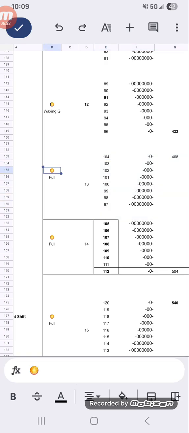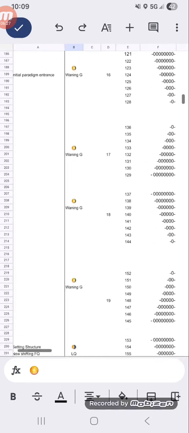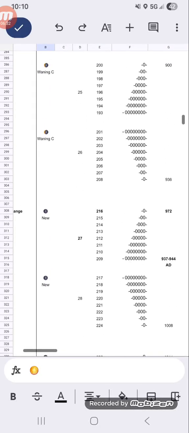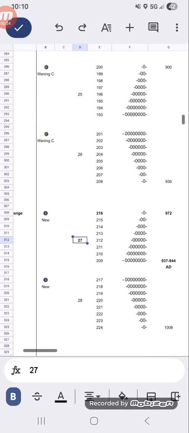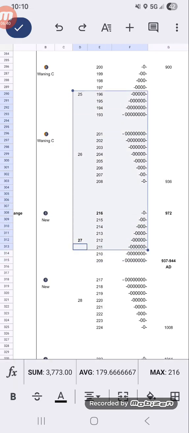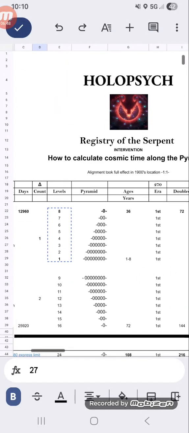You will see the full moon by it. When we get up to 27, which has a new moon cycle, a new moon phase coming in, you will see new moon. So you can look at it like that, of how this whole chart will transmit energy based on the metric or the number dealing with the moon process.